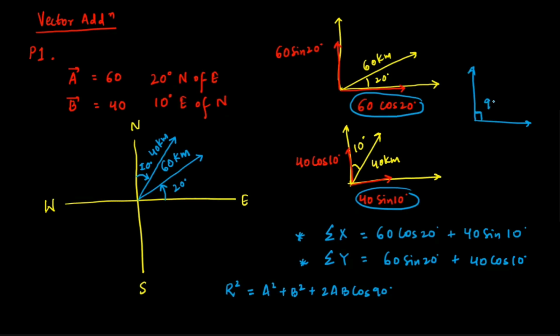So this will make cos 90 zero. So R square can be written as A square plus B square. This will give us A, and this will give us B. We'll simply substitute the values and we will get the answer. Let us solve it.